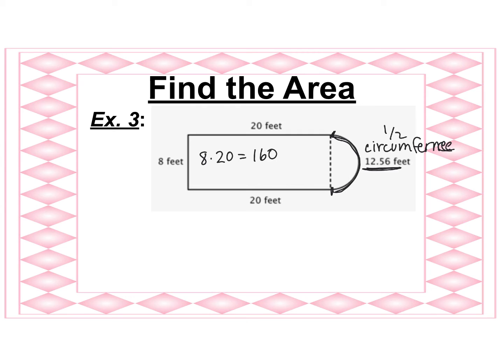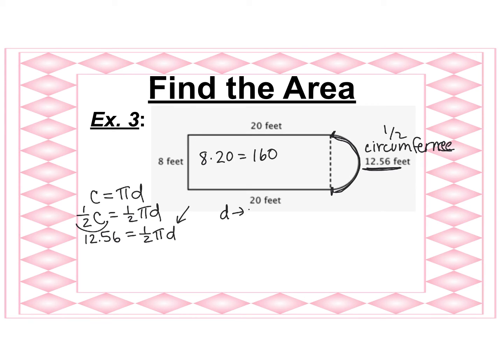So let's think about the circle. For circumference, we have pi d. Well, I only have half of the circumference, so that's going to equal 1/2 pi d. Half of my circumference is the 12.56. And what we need to do is figure out the diameter so I can get to the radius, so I can get to the area.